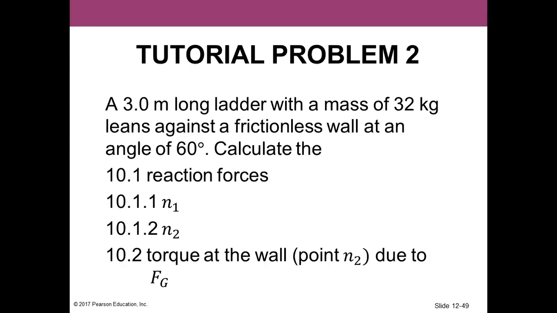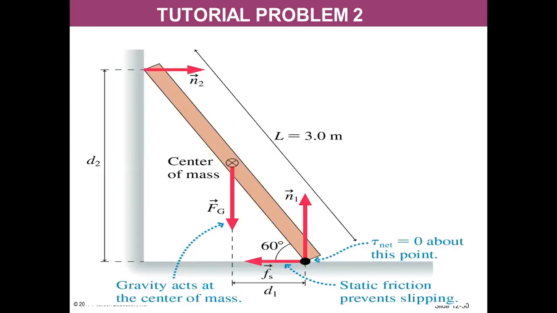We also need to calculate the torque at the wall due to gravity. So at the wall, you need to calculate the torque due to this force. Of course, we have a lever arm from the center to where the reaction forces are acting, or from this point up to where the force is acting.